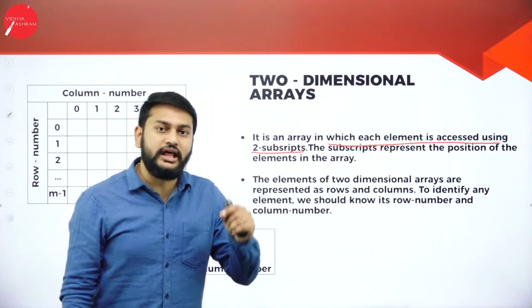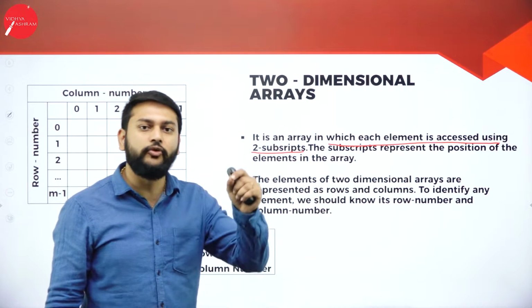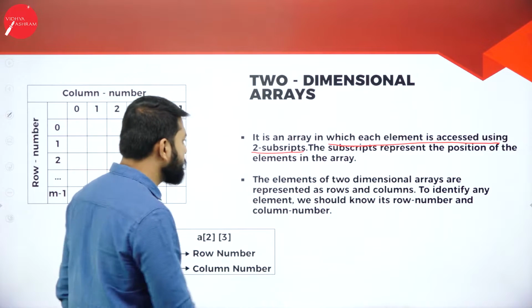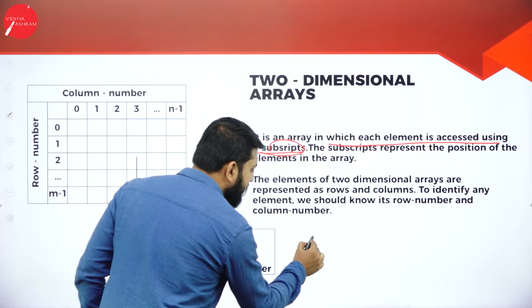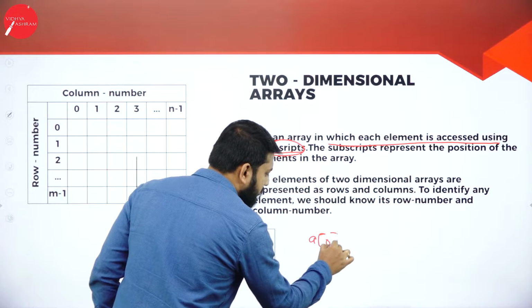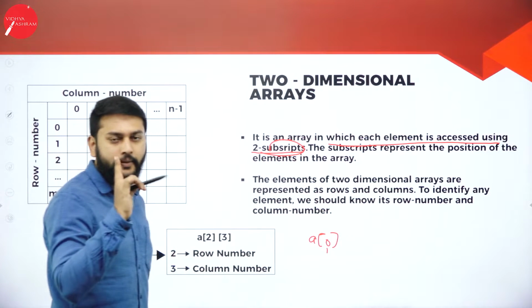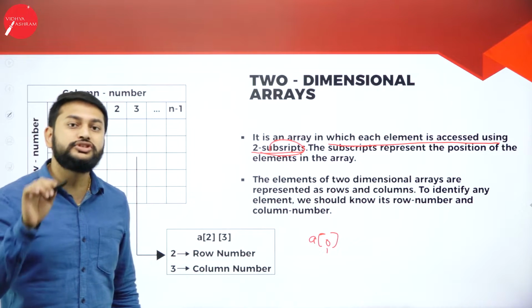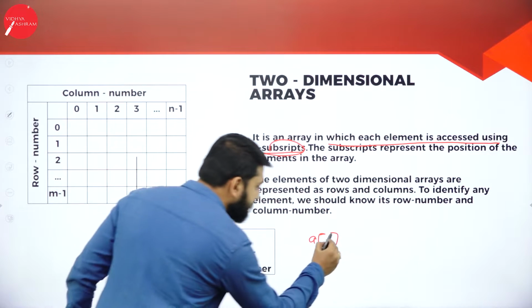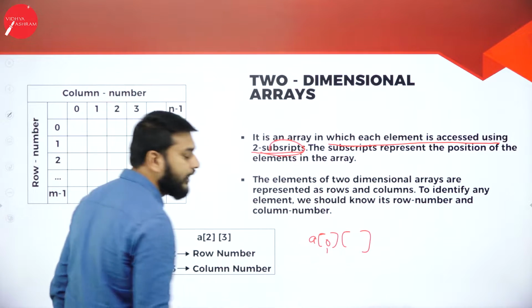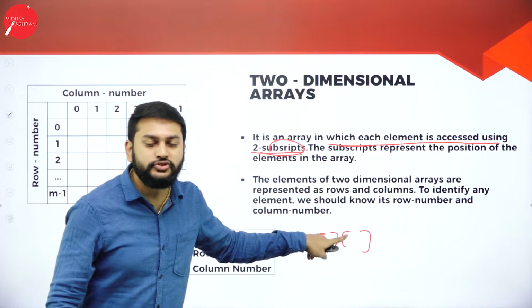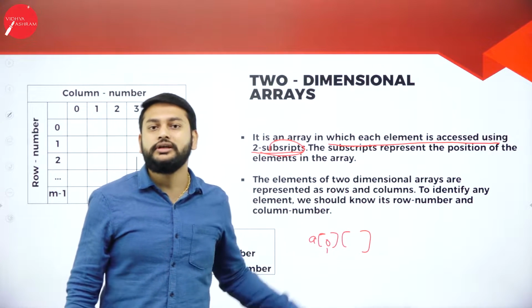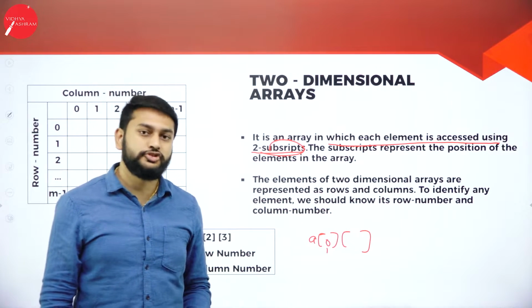Each element in the array is accessed with the help of two subscripts, that is, two indices. In a one-dimensional array, a of 10 or a of 0 is one index. But in a two-dimensional array, I have two indices. So when I have two subscripts, I will call that array a two-dimensional array.